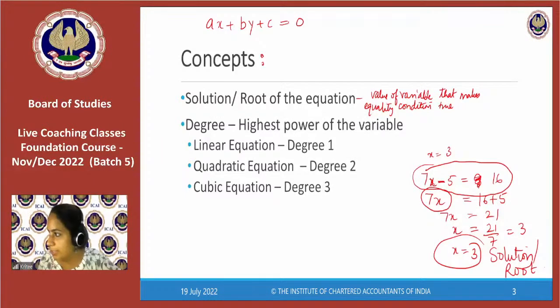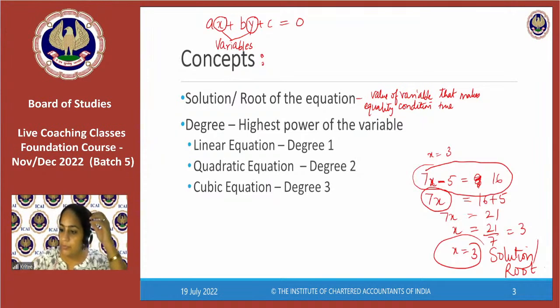Try to understand, okay? This x and y are known as variables in the equation. The variables are those components of the equation whose value I am trying to calculate.